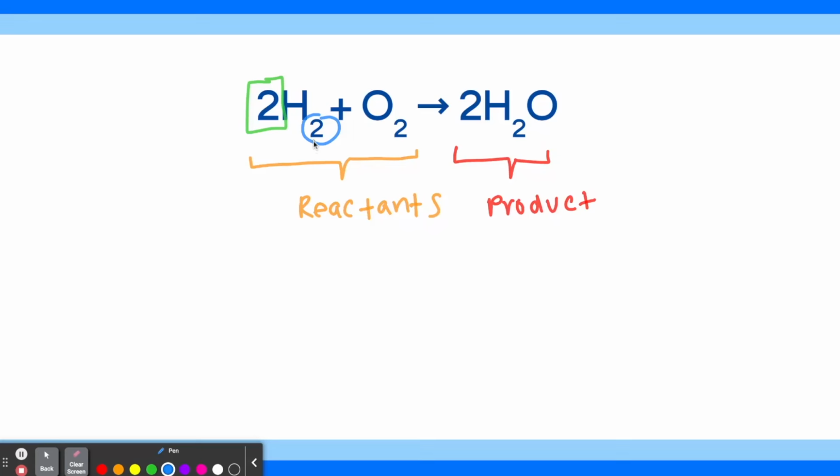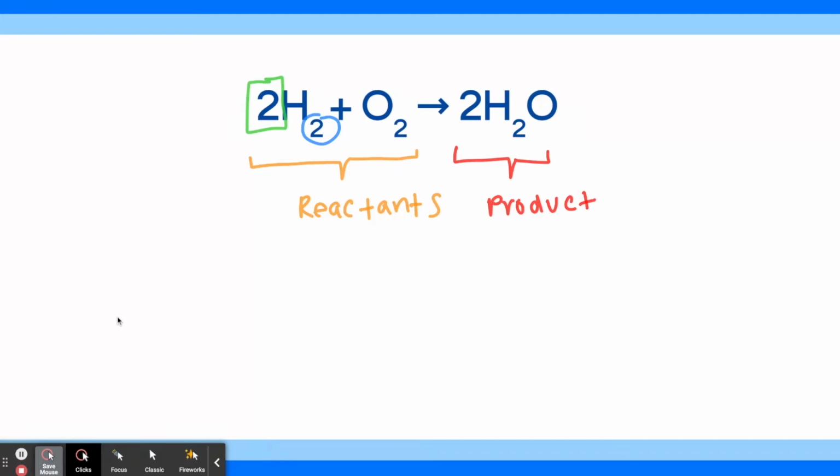And a subscript, or the small number to the right of different chemical symbols, shows how many atoms of each element there are per molecule. So in 2H2, hydrogen, which is the H here, has a subscript of 2, meaning that there are 2 hydrogen atoms in every H2 molecule. So because there are 2 of these H2 molecules, this compound over here contributes 4 hydrogen atoms in total.